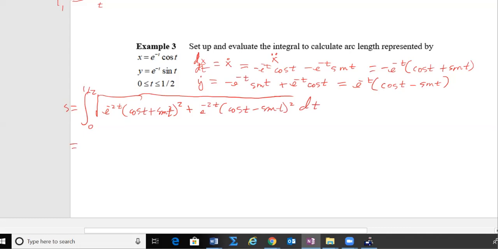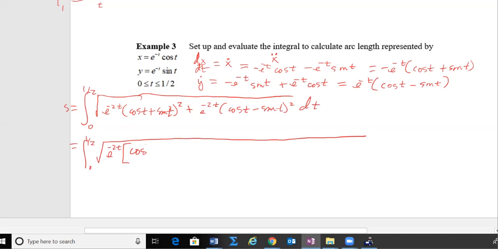Okay, so there's a little bit of algebra here, and hopefully it pays off when we get it all done. We're going to make a lot of room in here. e to the minus 2t, we're going to factor that out, and we're going to expand these.